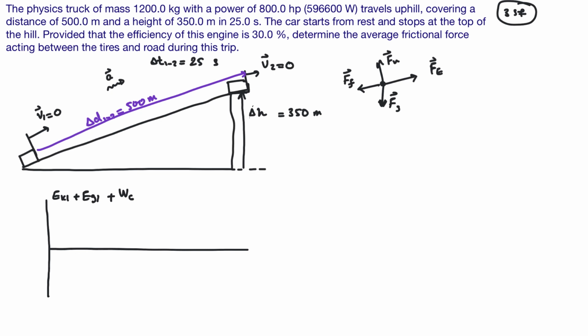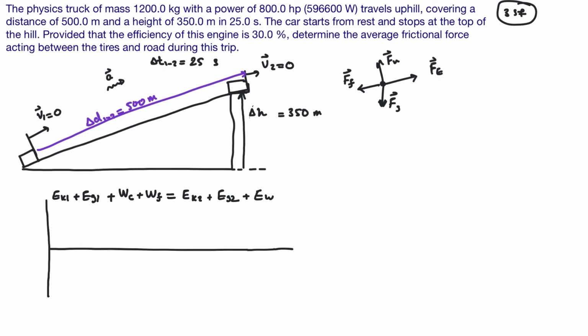And let's solve this using this method. I'm going to call this W friction. And that's going to equal the EK2 plus EG2 plus E waste. And that's the energy that's being wasted.